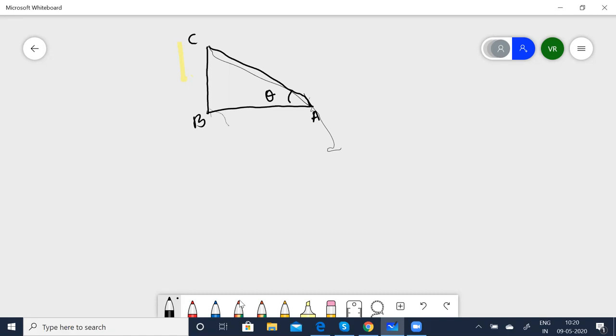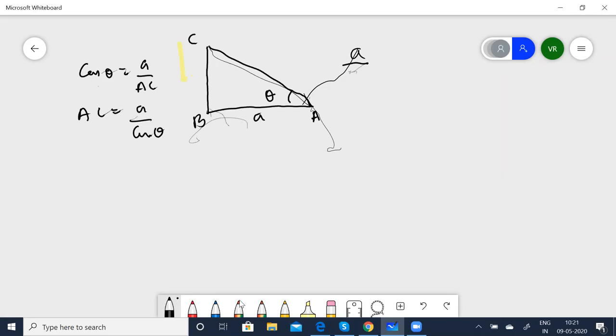Now the base is given as A. Let us go from the beginning. Cos theta is equal to A by AC, or you can say AC is equal to A by cos theta.